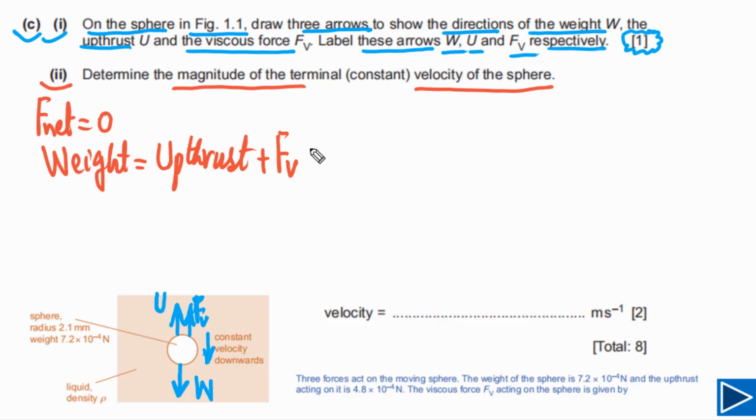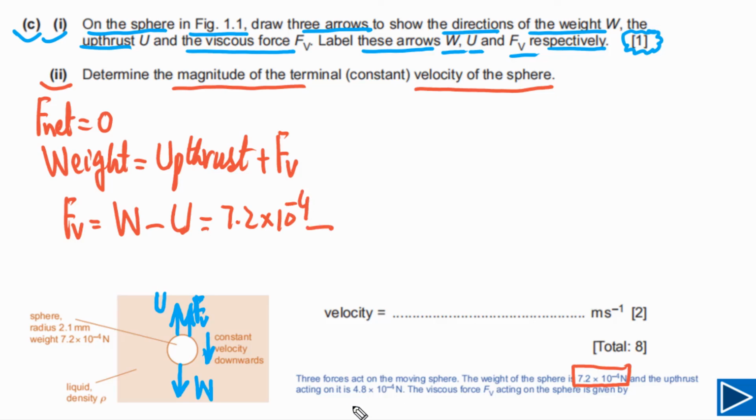If we have value of viscous force, then we can find out the value of V. So if we rearrange this one, we can write FV is equal to weight minus upthrust. For this question, weight of the sphere is given: weight is equal to 7.2 times 10 to negative 4, and value of upthrust is also given, equal to 4.8 times 10 to negative 4.